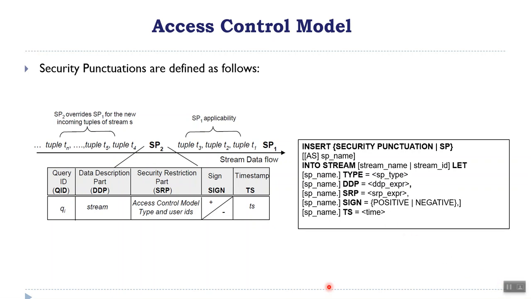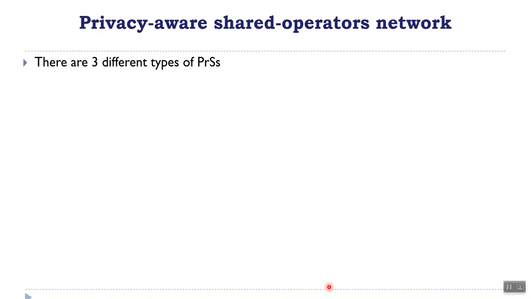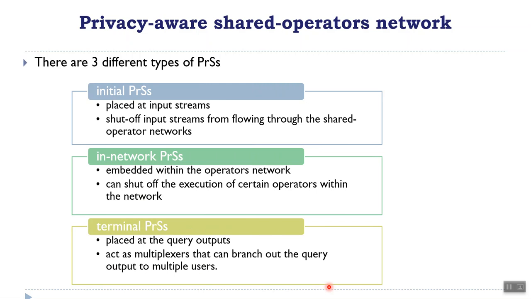In our solution, we presented three different types of privacy switches. The first type is what we refer to as initial privacy switches, and those are placed at the input streams at the beginning of the operator networks, and they're capable of shutting off streams from flowing through the shared operator networks. And this happens when there is a total loss of access to the query results as the access control permissions change.